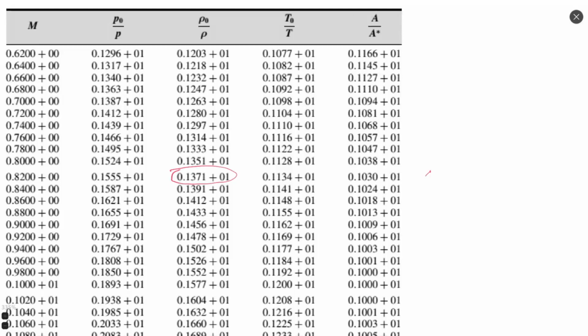So it's 1371. I hope it's clear. Please, if someone did not understand how to convert engineering units from Appendix A to normal numbers with floating point, please let me know. If it's clear, please stay silent.